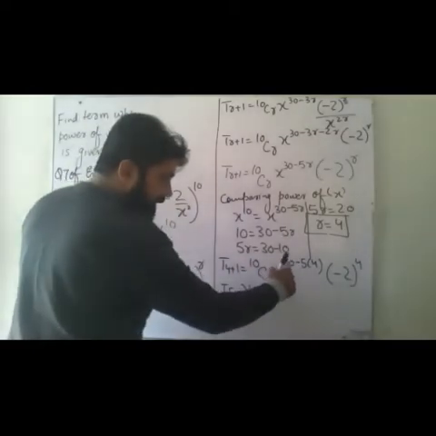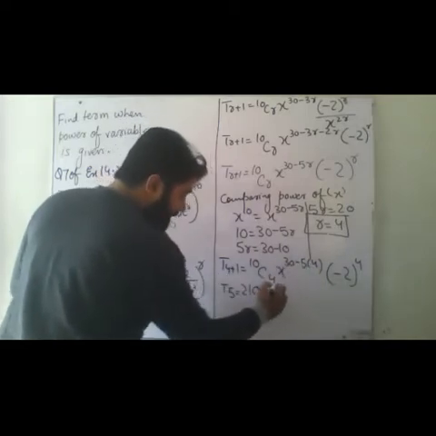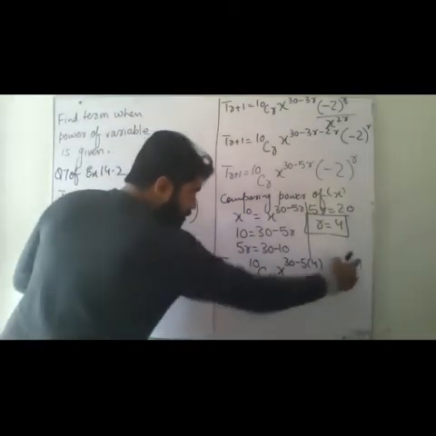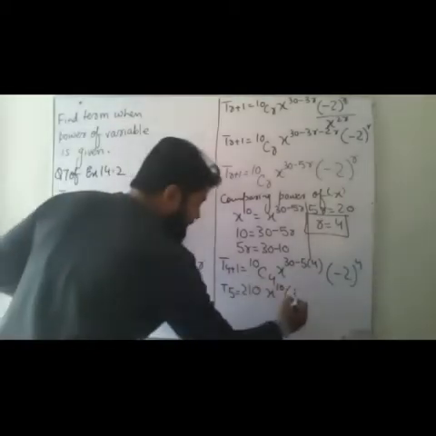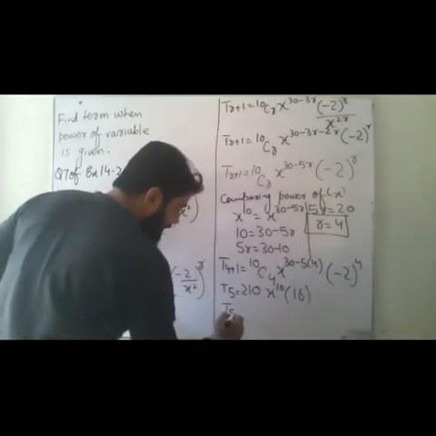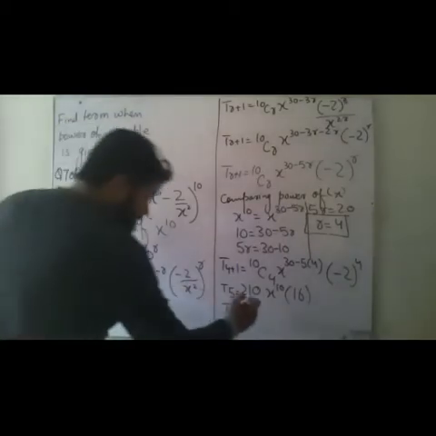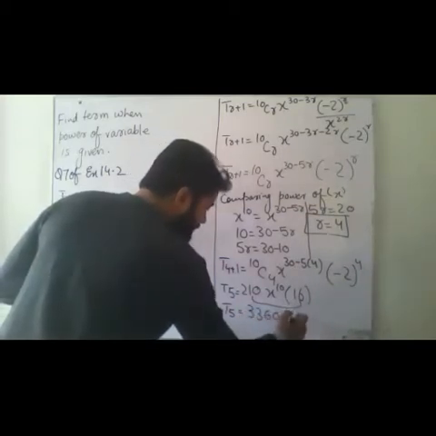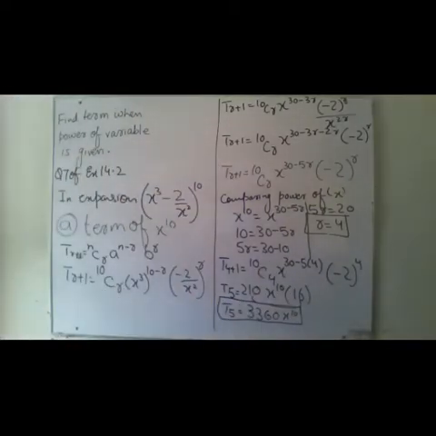Now simplify this better. 5 fours are 20. 30 minus 20 will be x^10. Minus 2 to the power 4 will become 16. So when I simplify it, T5 equals this one and this one multiplied, 3360 x power 10, and that is going to be your final answer. Okay.